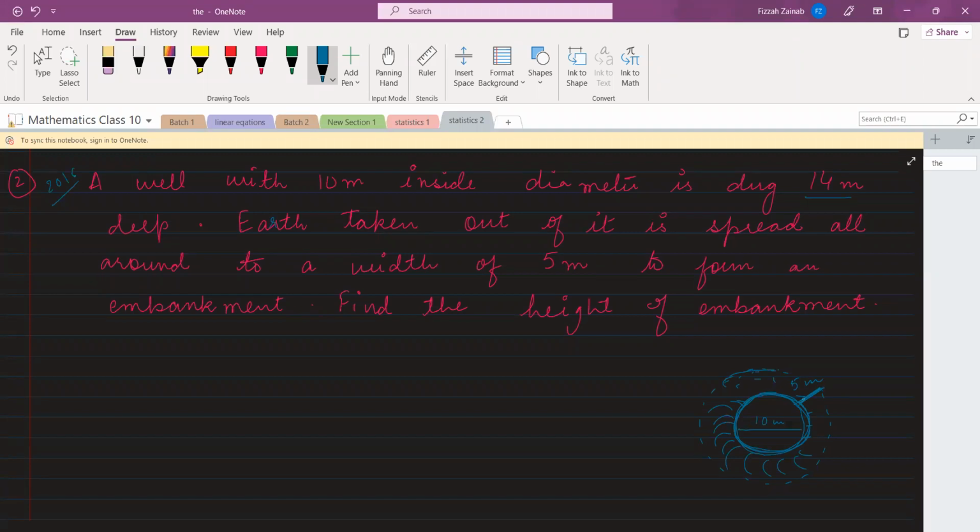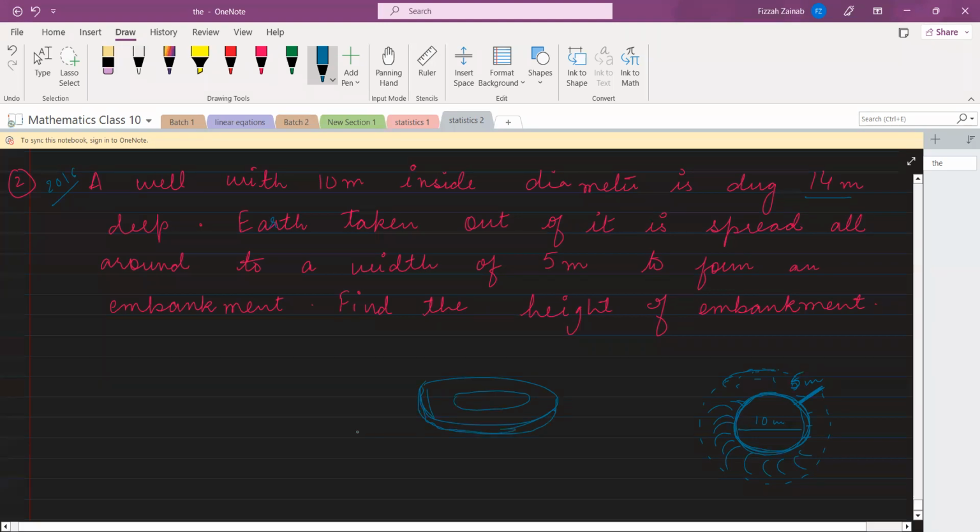So the width of this embankment will be 5 meter. You have to find its height also. See, it will look something like this, Martin. For example, inside you have a well and then a little height is formed around this well like this, right? This is your ground.